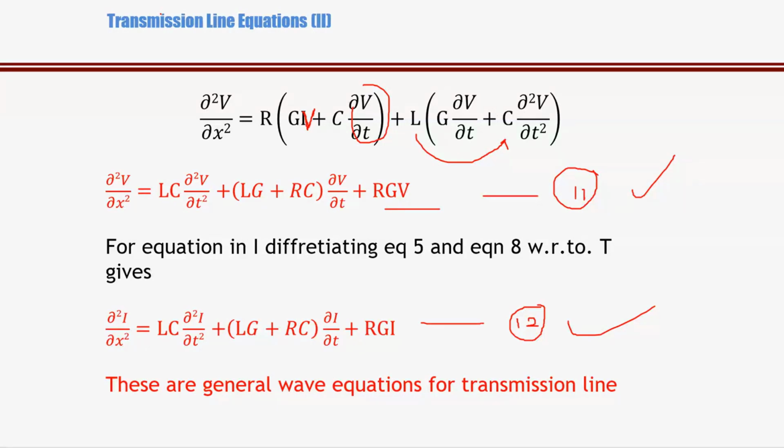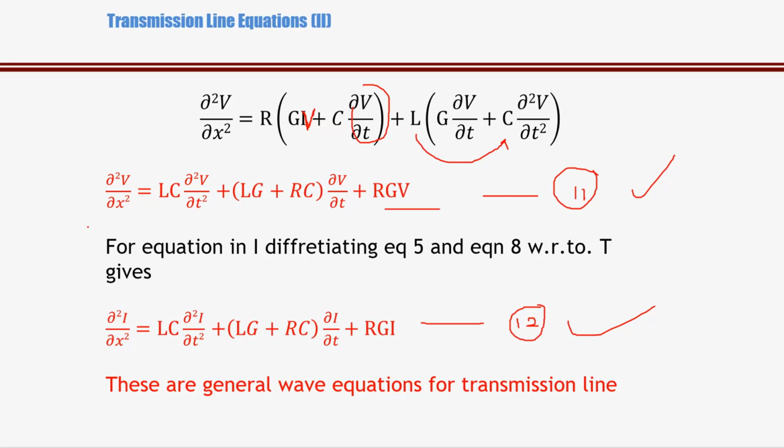How the voltage and current at the sending end, or the voltage at any distance, can be represented in terms of L, G, C and R parameters.